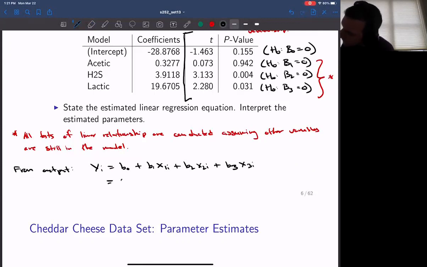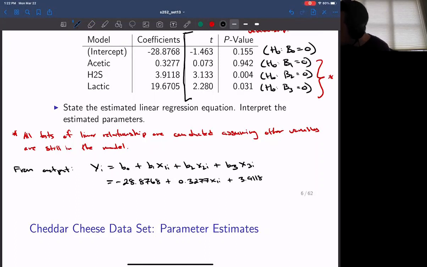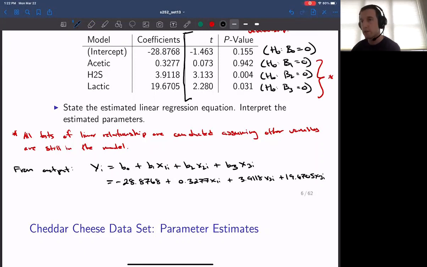Okay, so this is going to be negative 28.8768 plus 0.3277 x1i plus 3.9118 x2i plus 19.6705 x3i. So the output is showing us the equation of the fitted line.